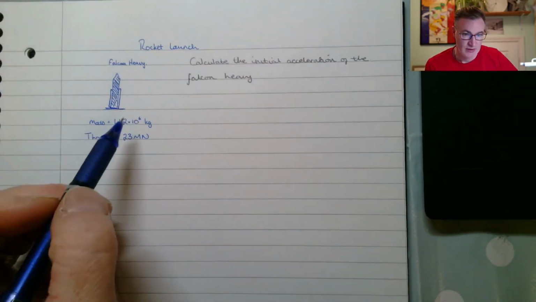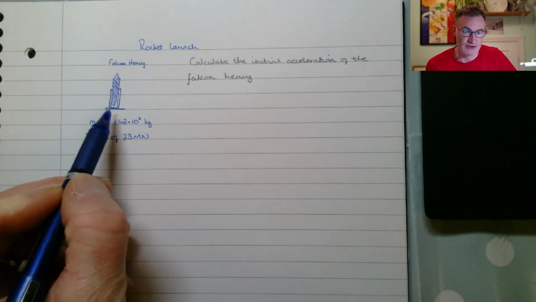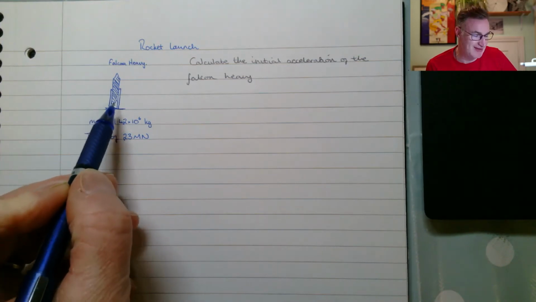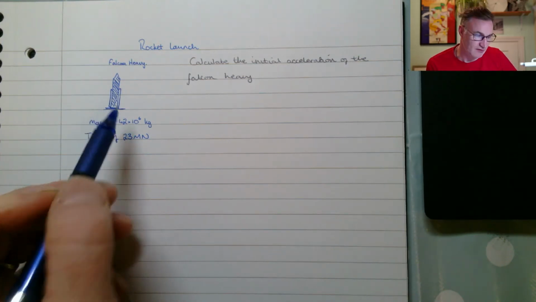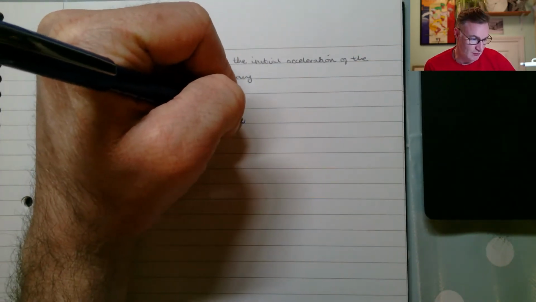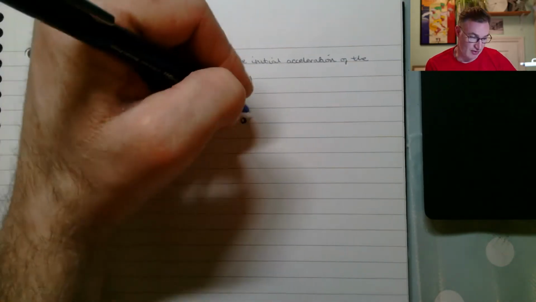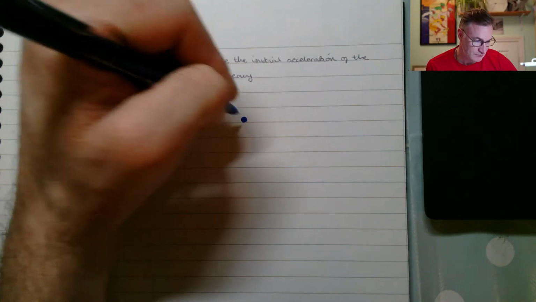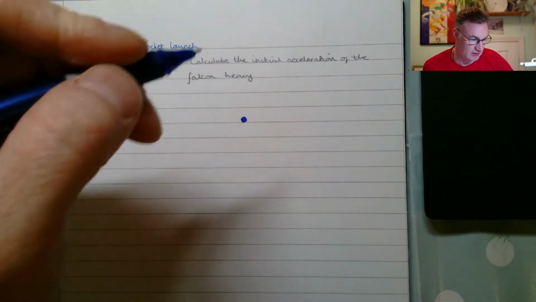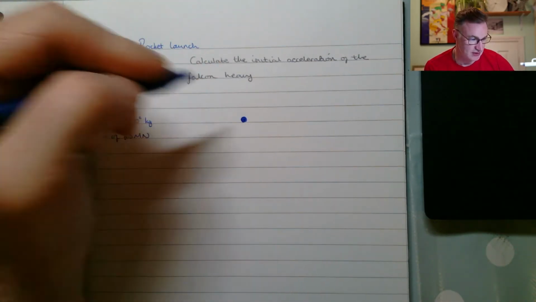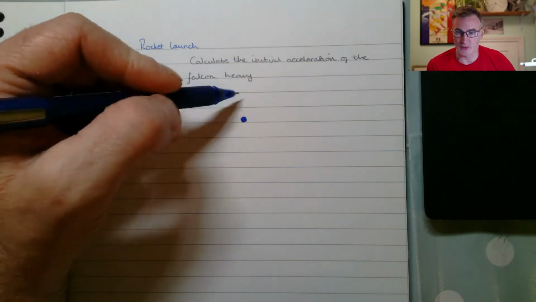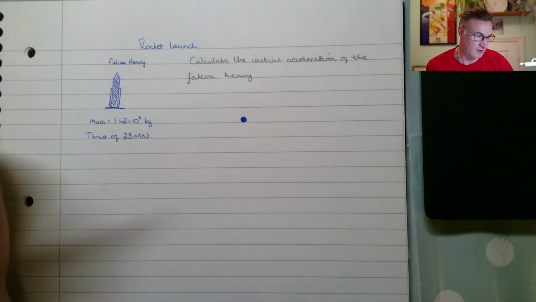Now, we have a beautifully drawn rocket here, but this is not going to be part of our free body diagram. The rocket in our free body diagram is just going to be represented by a simple shape, whether it be a square, rectangle, or in this case a circle, and we're going to just draw the forces that are acting on the Falcon Heavy here.